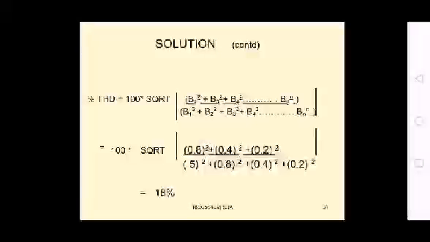So it is 100 times the square root of b2 is 0.8, b3 is 0.4, b4 is 0.2, divided by b1, the amplitude of the fundamental component, which is 5 volts. So 5 square plus 0.8, 0.4, 0.2 whole square, and then you get the total harmonic distortion of 18%.